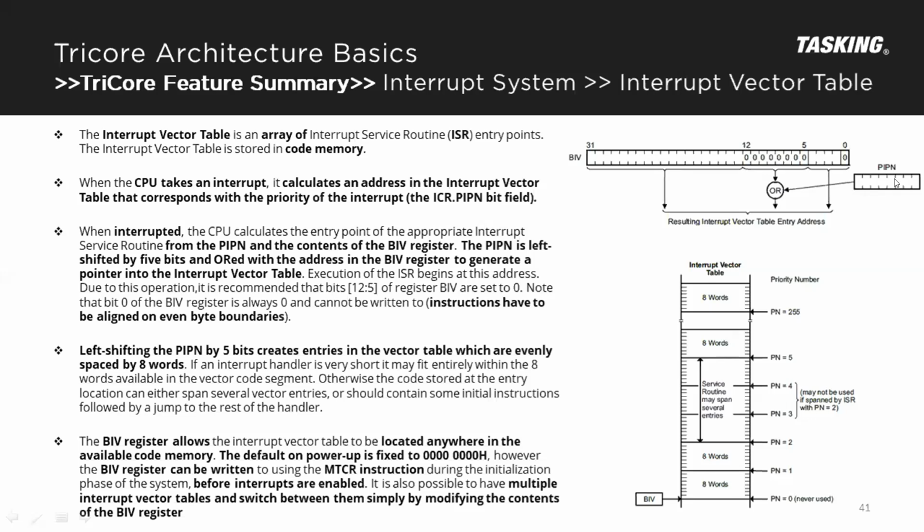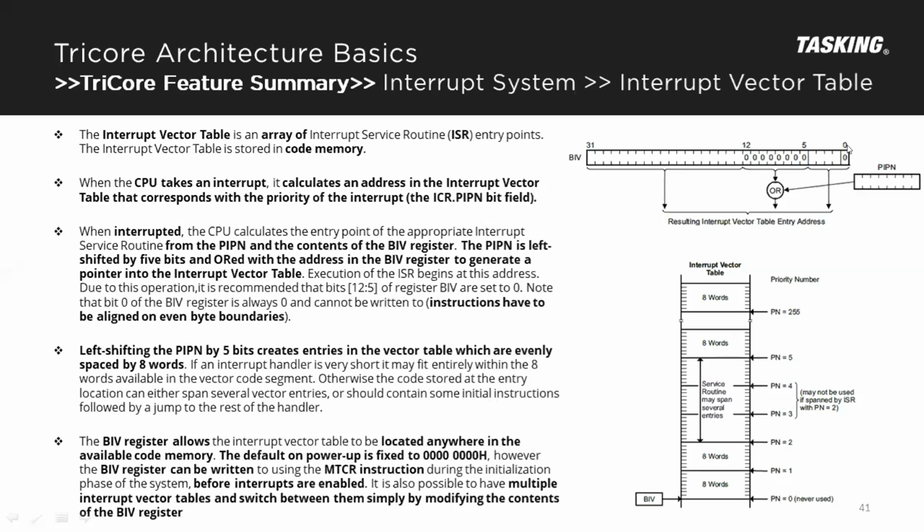So I will shift the interrupt priority number with this value, and then OR the value with the bits from 5 to 12 from this base interrupt vector, and then I will end up with a certain address. Please note that because I do the ORing here, it makes sense to put all the values inside this base interrupt vector register to zeros.